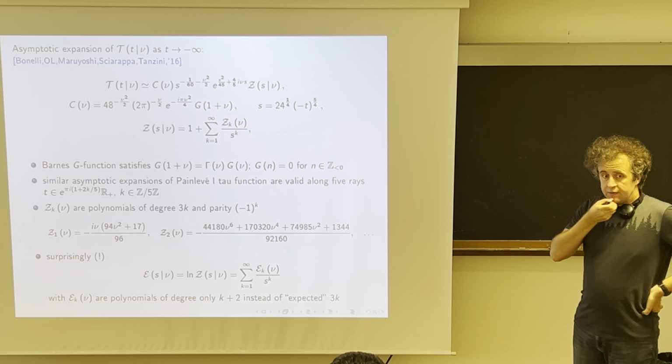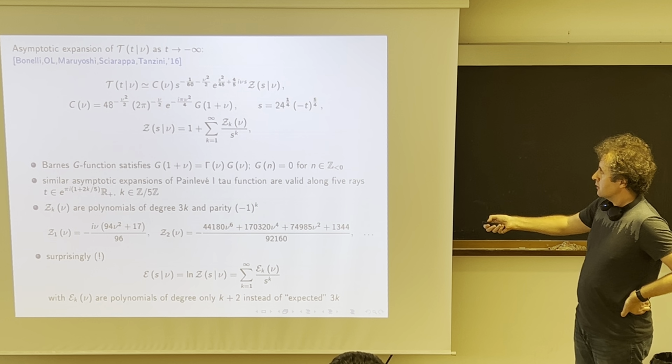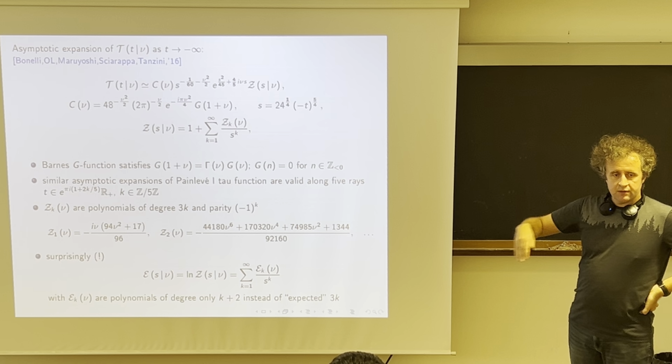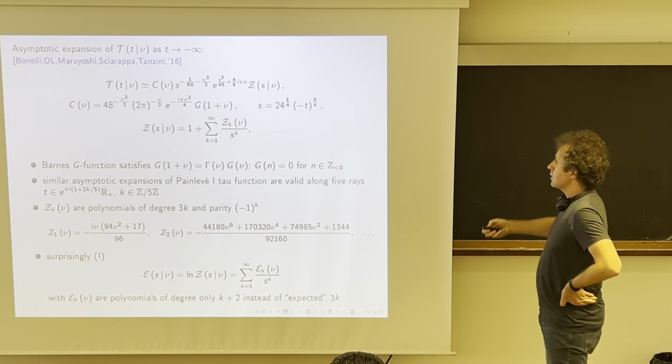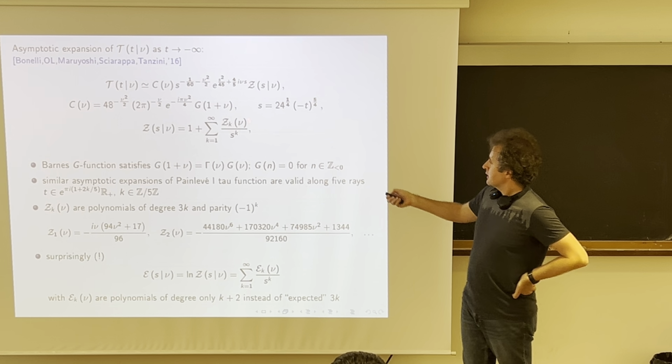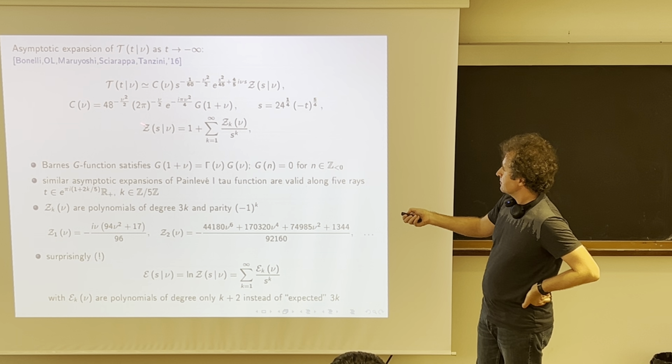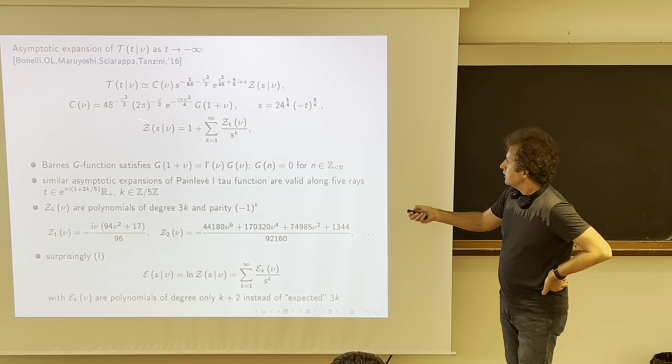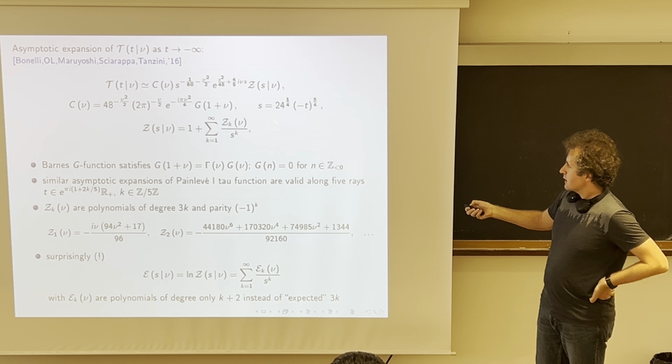And it is not difficult to plug this back into the differential equation and compute more terms in the asymptotic expansion. And it turns out that this asymptotic expansion organizes into this structure.